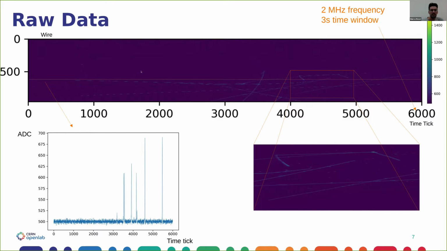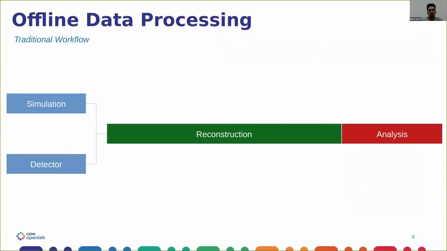Here on the x-axis we have the time, as I said, and on the y-axis we have the number of the wire. In the one-dimensional view, we select a single horizontal stripe of this data. The traditional workflow of line data processing works like these steps.